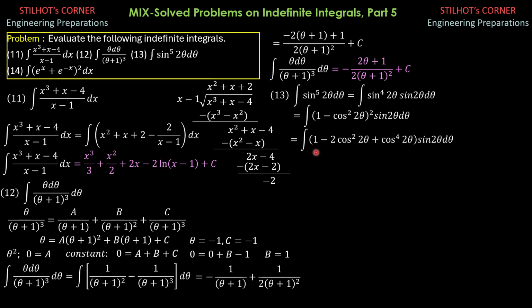So if we let u be cosine 2 theta, the differential is negative 2 sine 2 theta d theta, so that we can apply power formula here. So we have negative 1 half integral quantity 1 minus 2 cosine square of 2 theta plus cosine to the fourth of 2 theta times quantity negative 2 sine of 2 theta d theta.